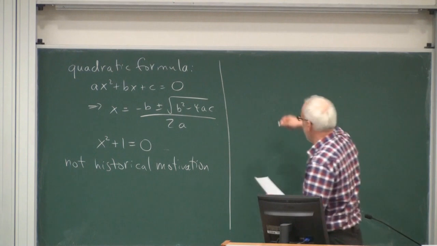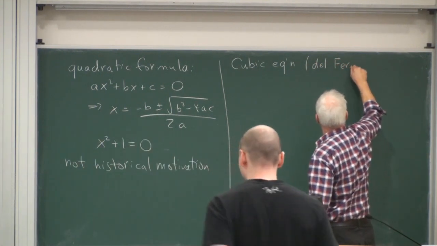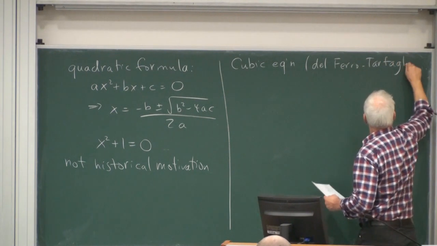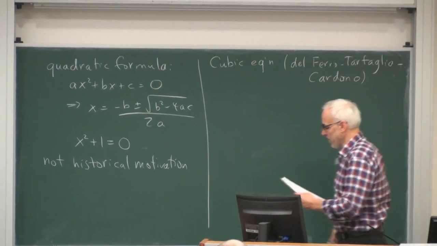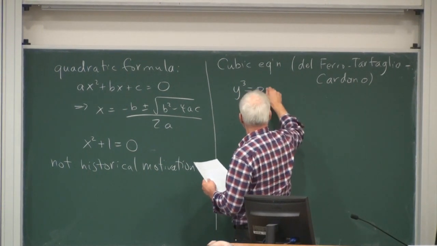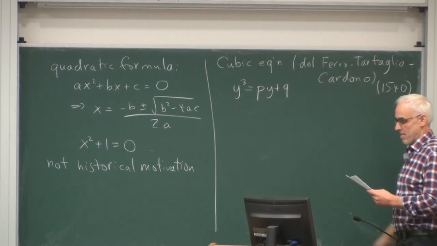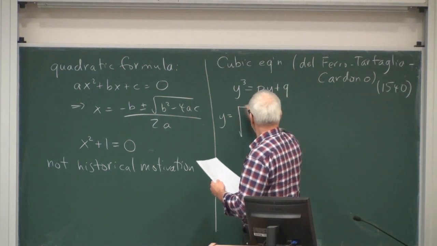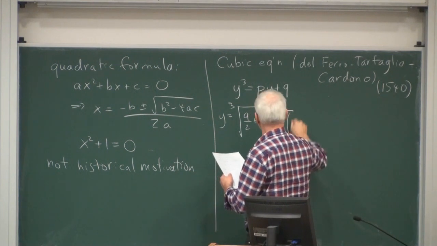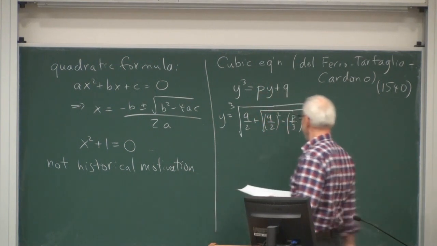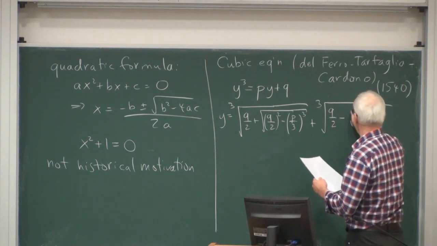So let me remind you that for a cubic equation, and we're talking about the work of Del Ferro, Tartaglia, and Cardano here, if we have, say, a simplified cubic, y cubed equals py plus q, then around 1540 or so, they came up with the formula that y is the cube root of q over 2 plus the square root of (q over 2) squared minus (p over 3) cubed, plus the cube root of the same kind of thing with a minus sign here.